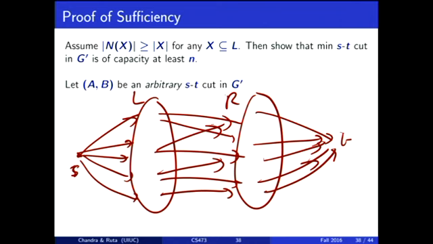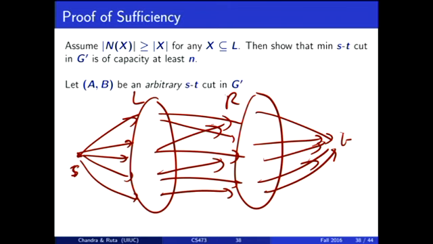So take any cut from S to T in this G prime. How does an s-t cut in this graph look like? It has S in it, some parts of L and some parts of R, but not T. So the cut will look like this.